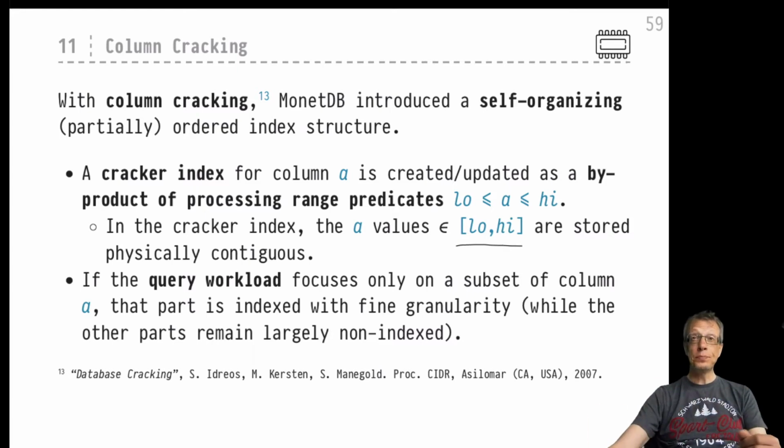While if we have further queries that hit the low-high range, or are inside it, we will indeed refine and make the index even more granular in these particular portions of the data. So we will really invest in the hot query intervals, the hot query ranges, and leave everything else lying by the side.